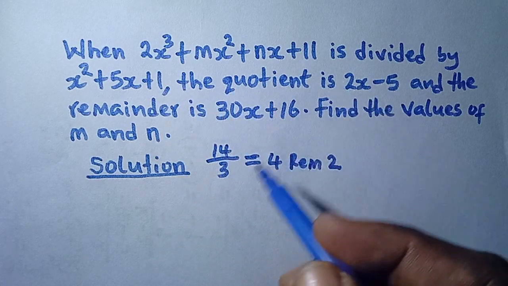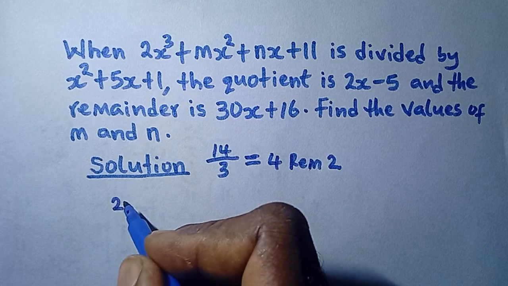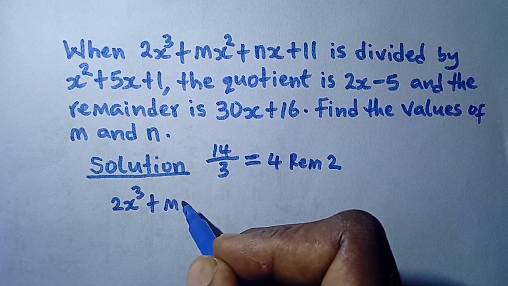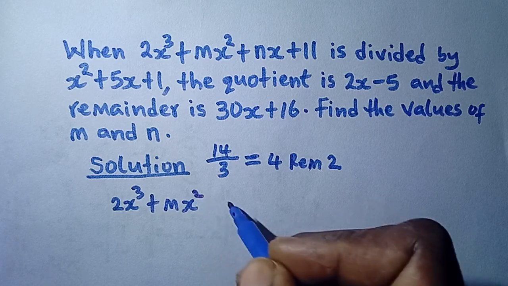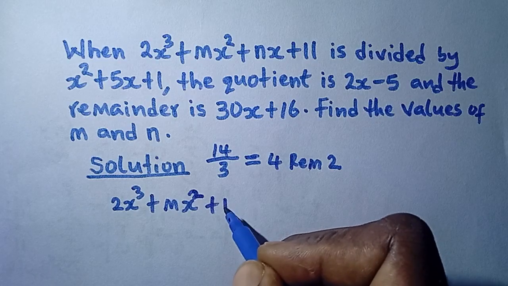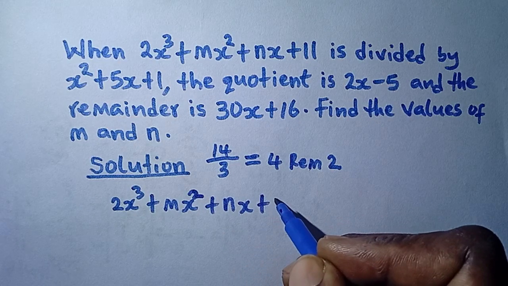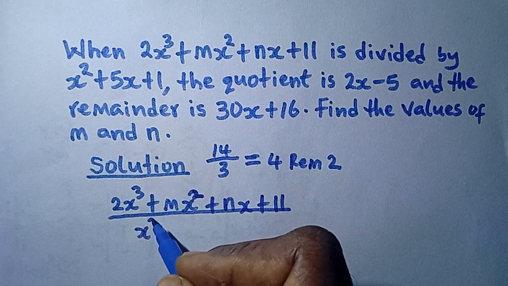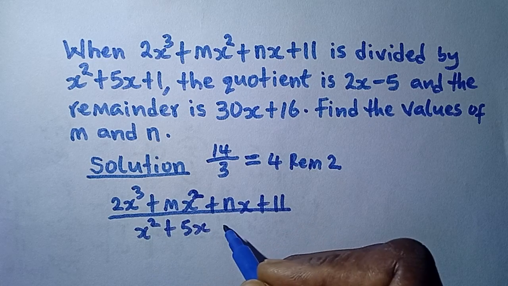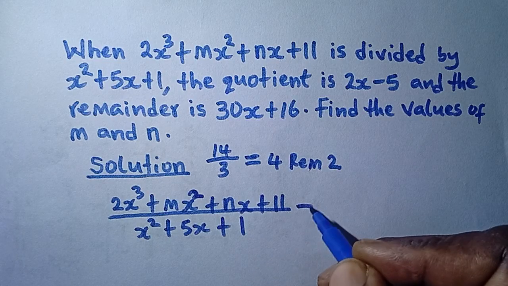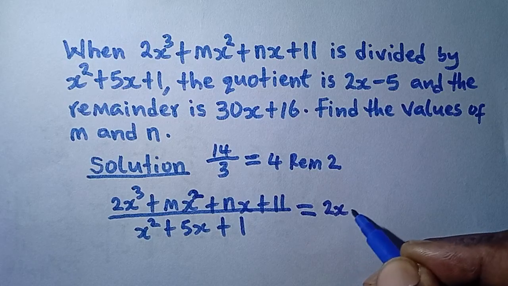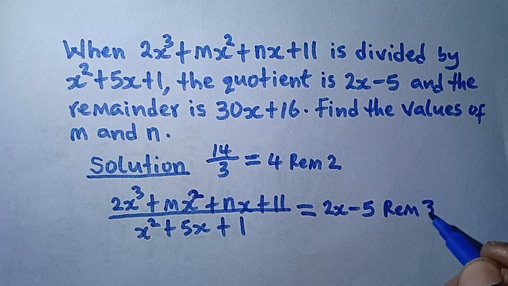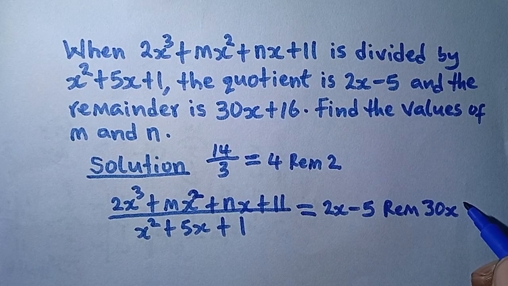Similarly, from this question, we can say 2x raised to power 3 plus mx squared plus nx plus 11, all divided by x squared plus 5x plus 1, will be equal to 2x minus 5 remainder 30x plus 16.